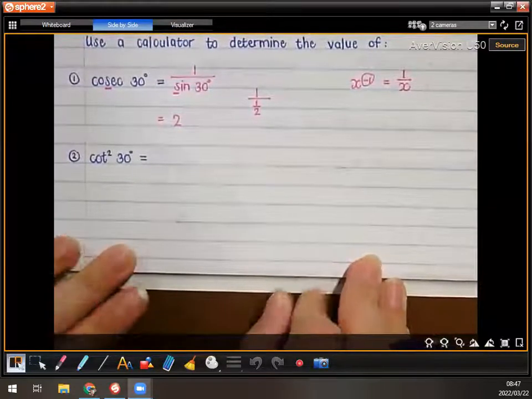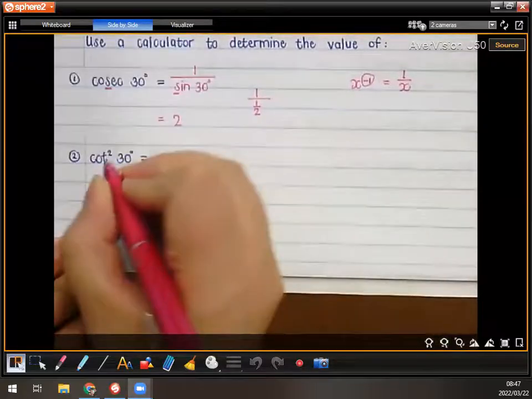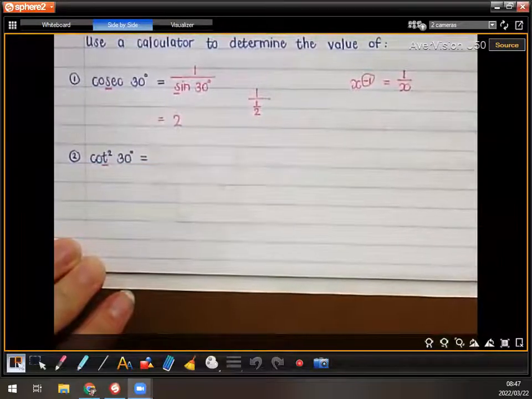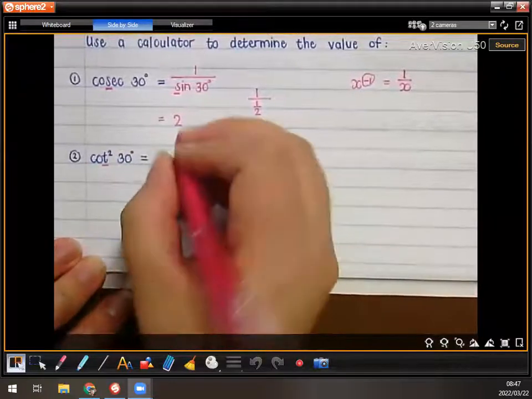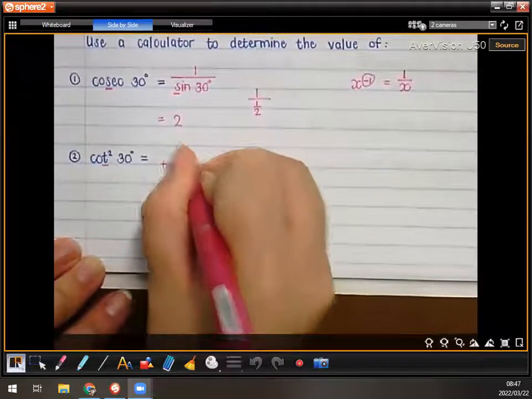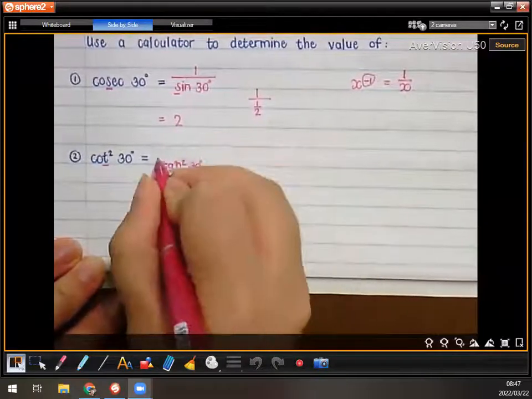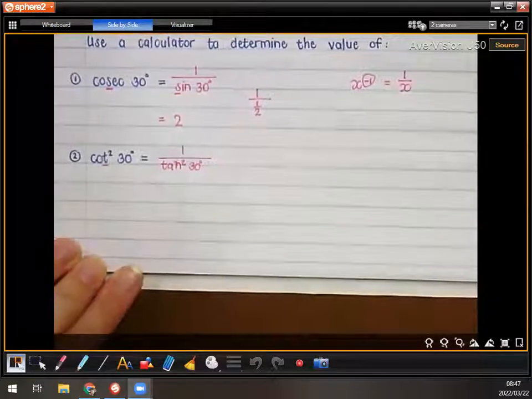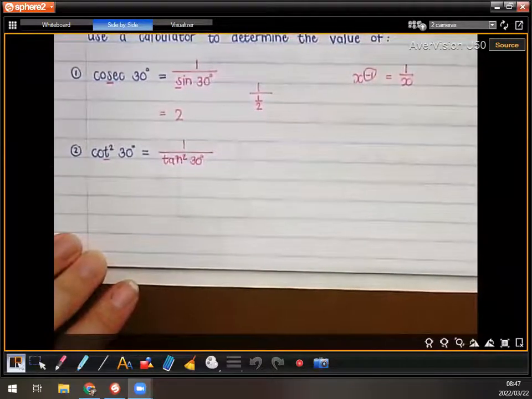Okay, cot squared of 30. Cot, the third letter is a T. So that is the reciprocal of tan. Right, so I'm going to write this as 1 over tan squared of 30. So that looks a bit strange.